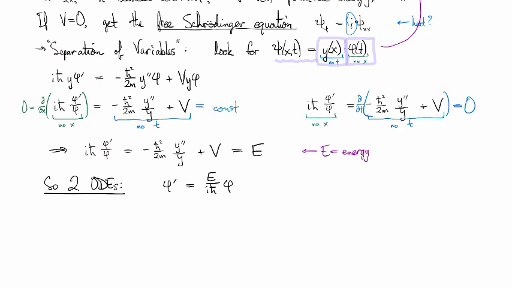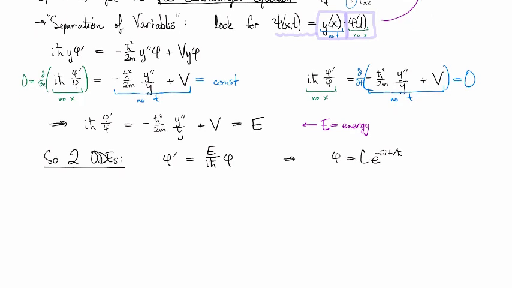So we get this one. And then from that one, I'm sure you could solve it very readily without any kind of strain. This is C e to the minus E i T over h bar, so some exponential.